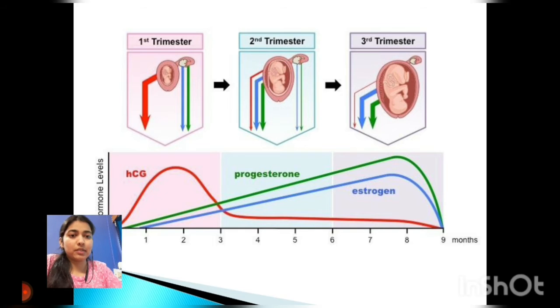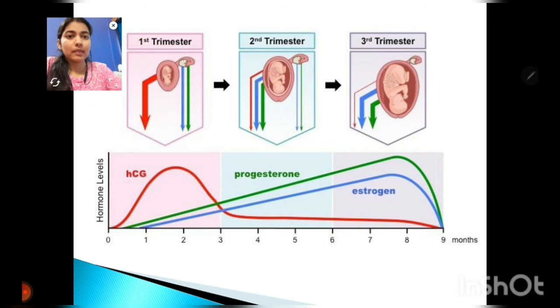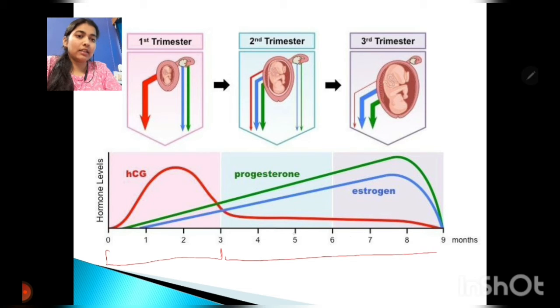In the first trimester, the HCG level increases for the first 3 months, and then it decreases and reaches a plateau phase, while progesterone and estrogen increase continuously throughout pregnancy, peaking around the 7th to 8th month.